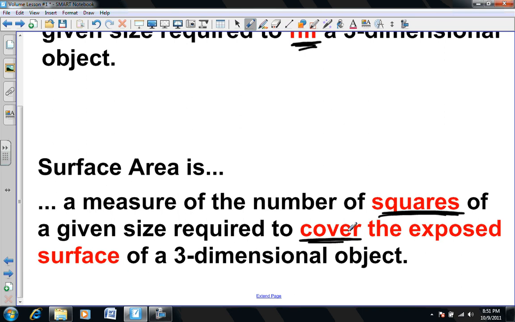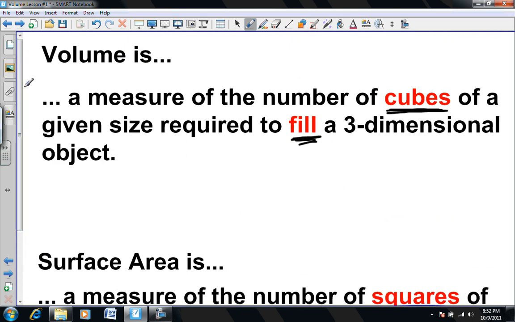Think of any three-dimensional object you want, a table, a basketball, a human being, and ask how many squares would it take to cover all of the outside surfaces of that object? That's the surface area.